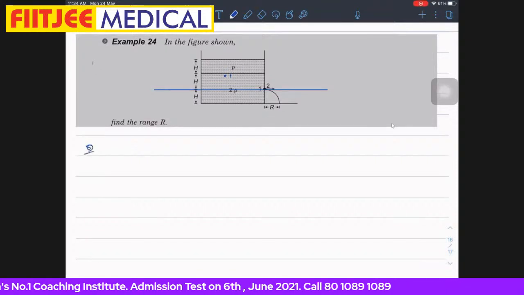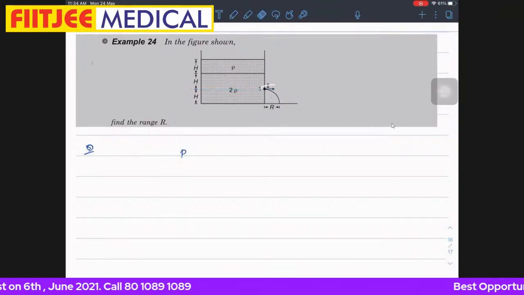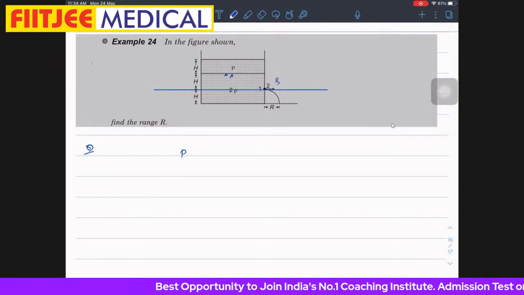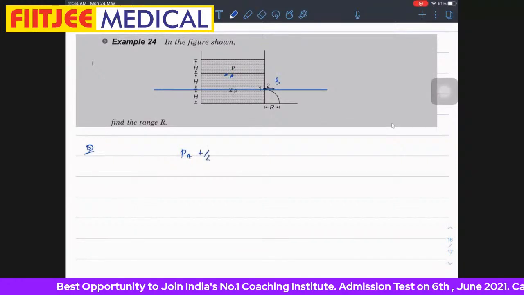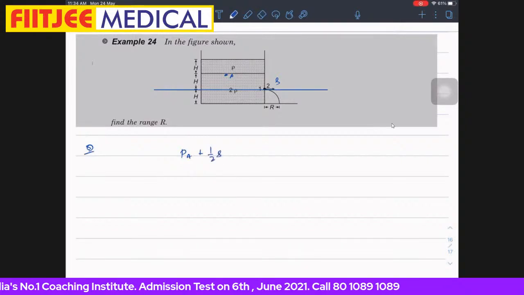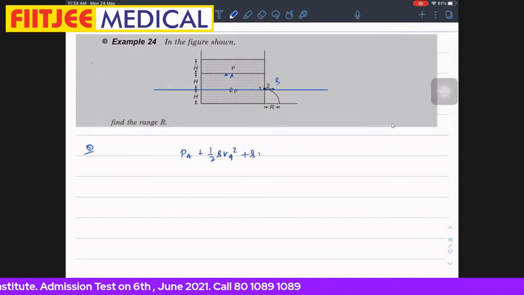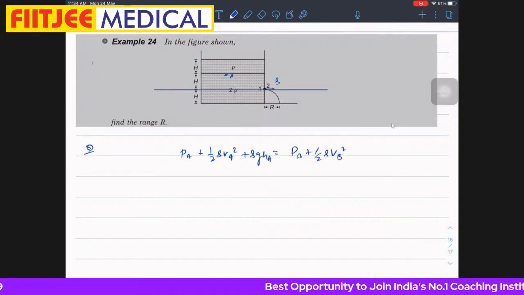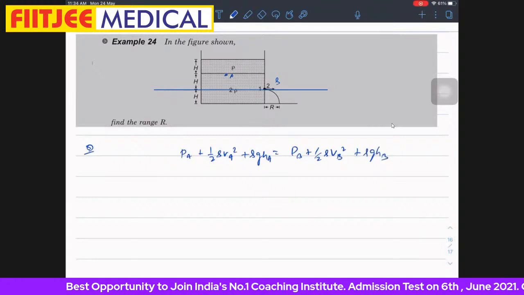So what I can write from Bernoulli's equation? Already they have mentioned 1, 2, so I'll take this as A. Just this point is A and this point is B. So PA plus half rho VA square plus rho g hA equals PB plus half rho VB square plus rho g hB. What is the pressure at point A?